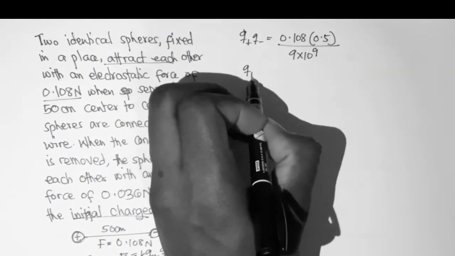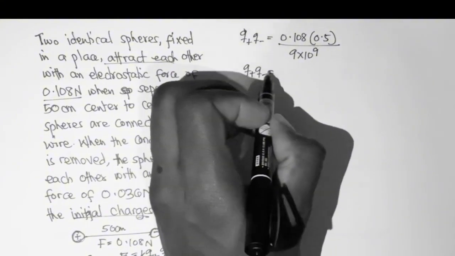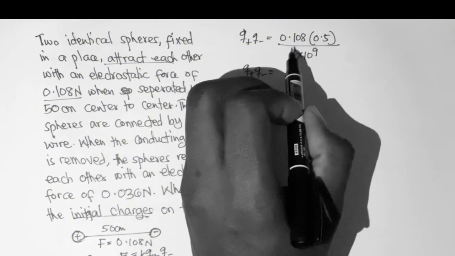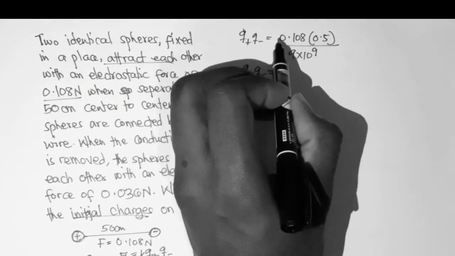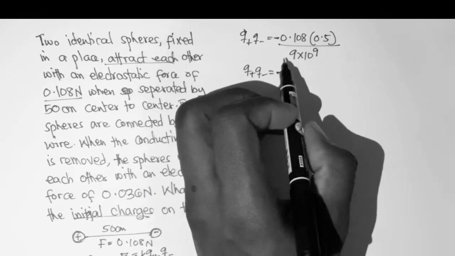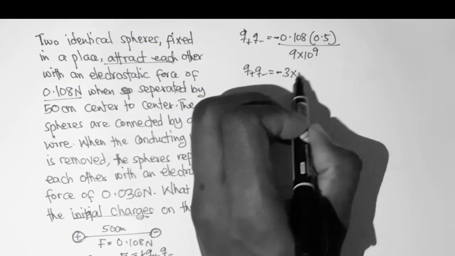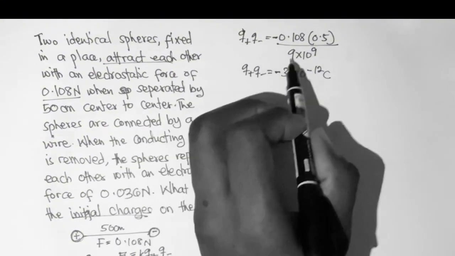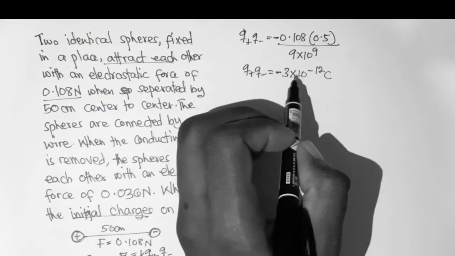If you compute this, Q plus Q minus is equal to, but I made a mistake. Since the forces attract each other, it means that F is a negative force. So that will give us minus 3 times 10 exponent minus 12 coulombs because of the force of attraction. So we need to put minus here.